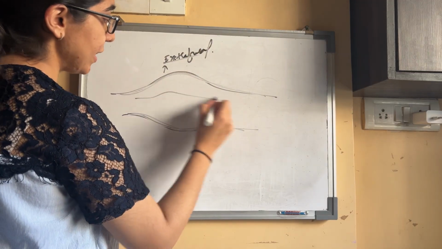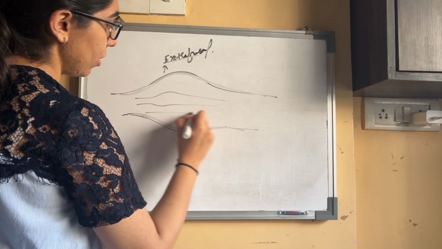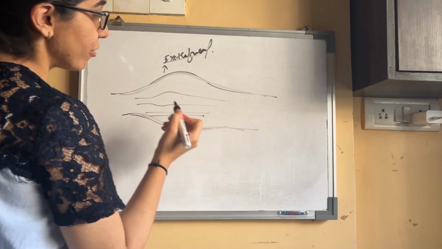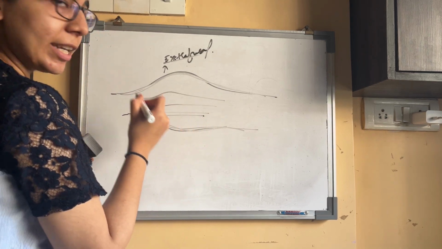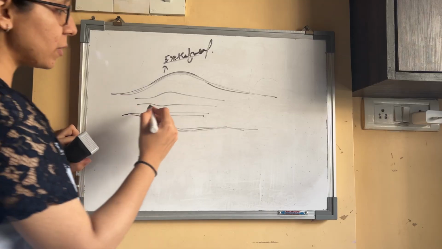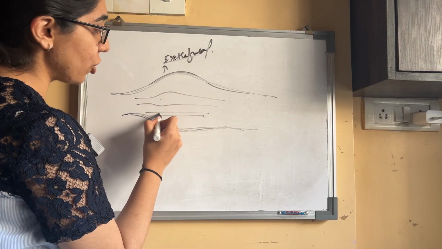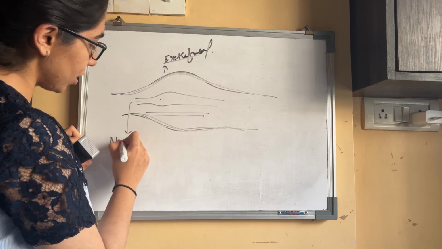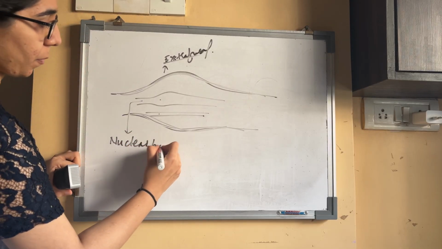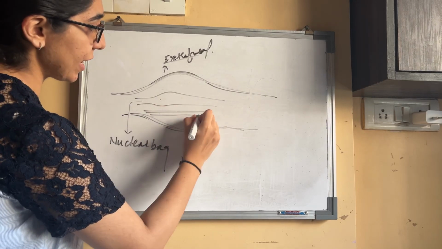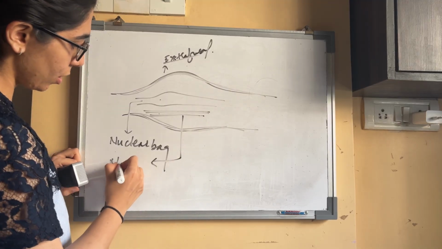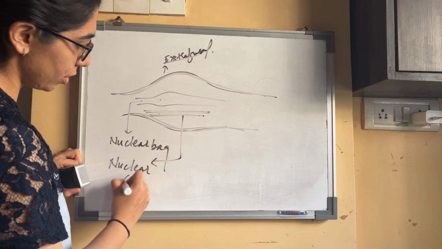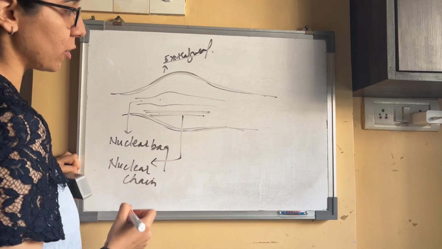And then inside we have the intrafusal fibers. Now intrafusal fibers are of two types, nuclear bag and nuclear chain. This bag-like structure is the nuclear bag fibers, and this chain-like structure forms the nuclear chain fibers.